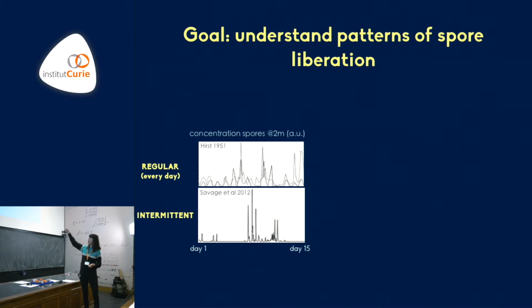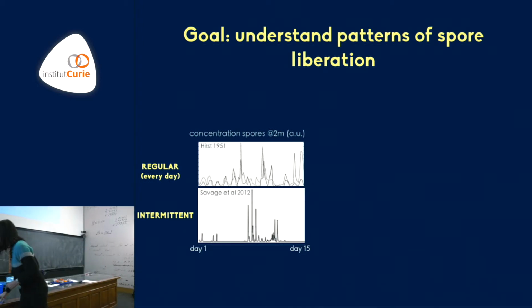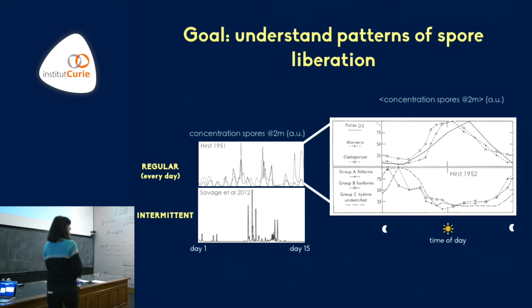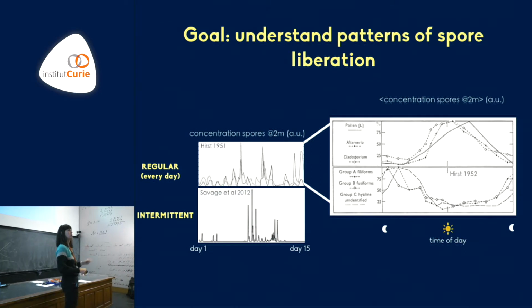And then there are some other species that don't look like they're that regular at all. Okay, and where does this difference come from? One more piece of information. If you focus on those species up there and you look at the times of the day when the spores are ejected, again, it looks like there's a lot of variety.